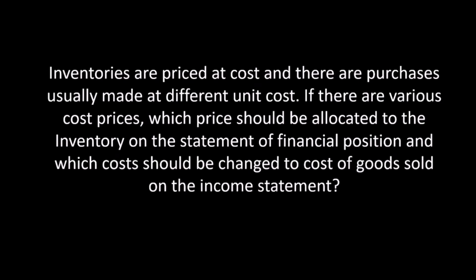Inventories are priced at cost, and purchases are usually made at different unit costs. If there are various cost prices, which price should be allocated to the inventory on the statement of financial position, and which costs should be charged to cost of goods sold on the income statement?